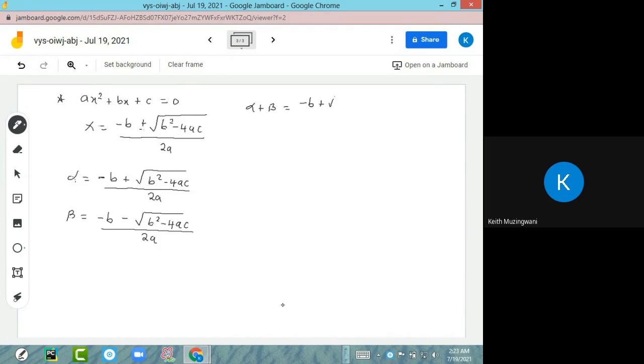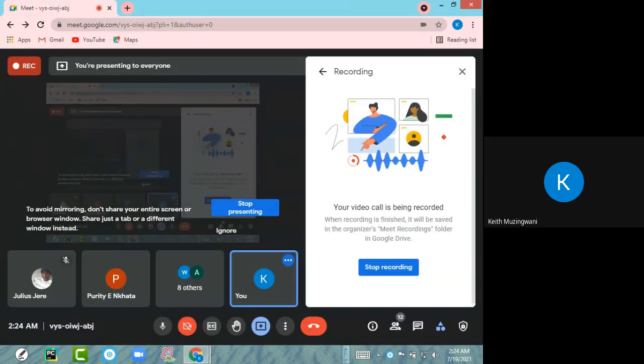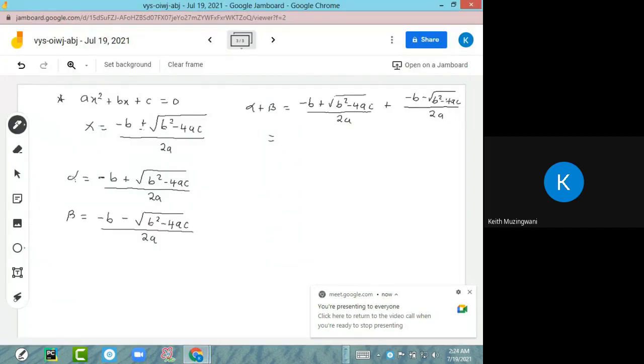We add them as negative b plus the root of b squared minus 4ac over 2a, plus negative b minus the root of b squared minus 4ac over 2a. Then we get a common denominator 2a.